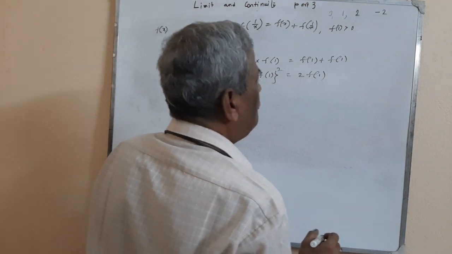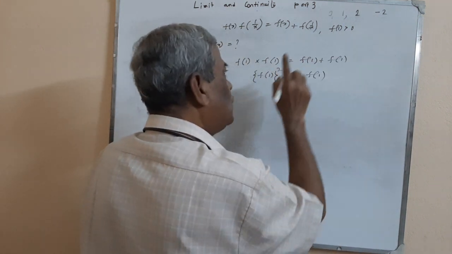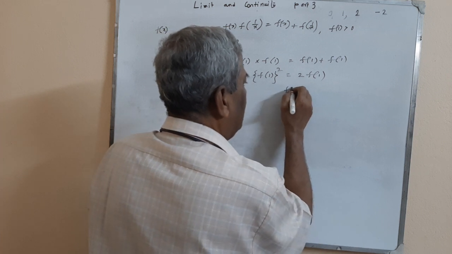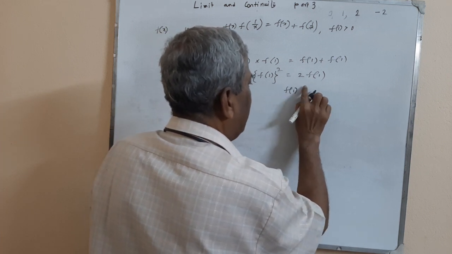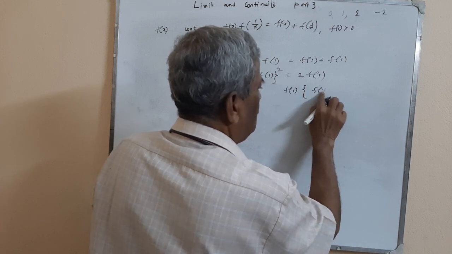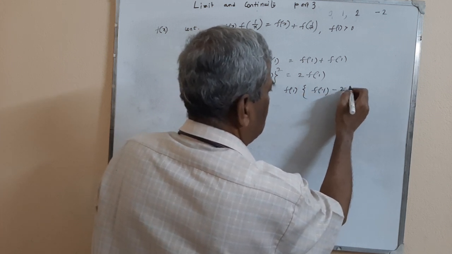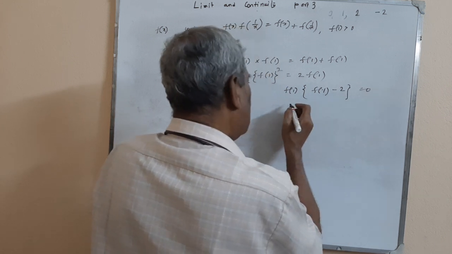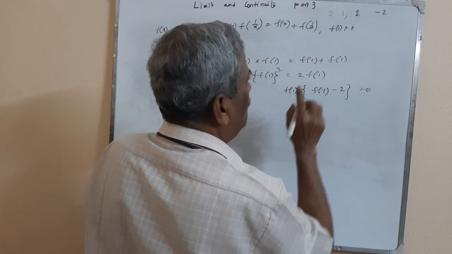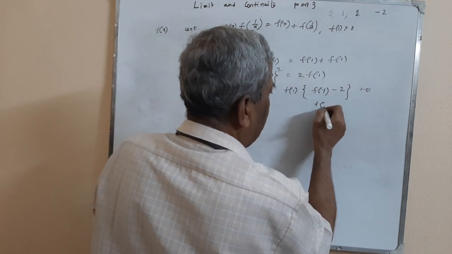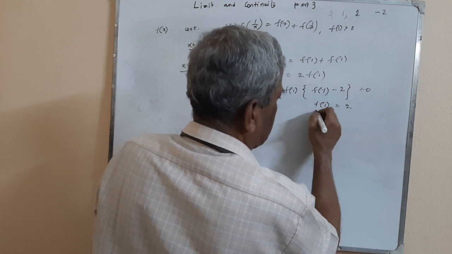Because f(1) is positive, f(1) cannot be 0, so taking f(1) common, f(1) minus 2 is equal to 0. So the only possibility is that f(1) is equal to 2.